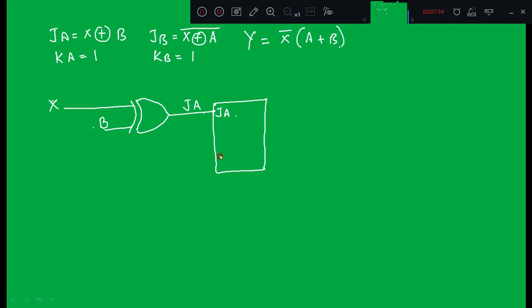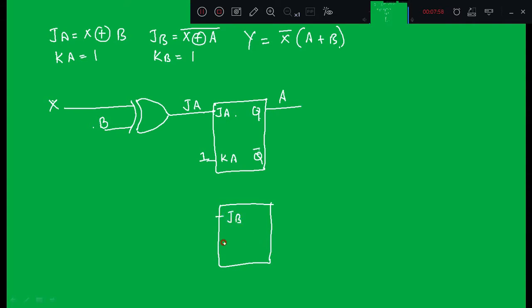Next, what is KA? KA is 1. KA is 1, right? Output is Q, which we took as A, capital A, and Q bar, leave it as it is.